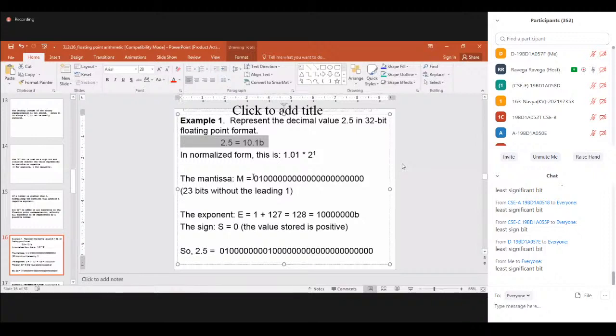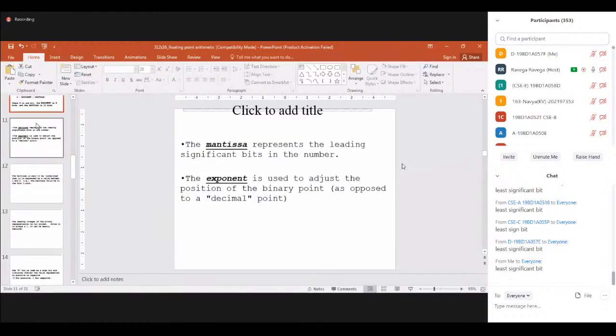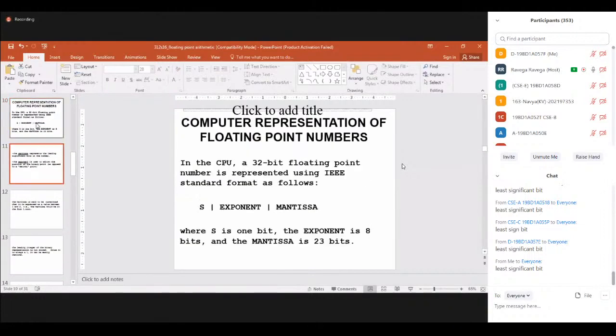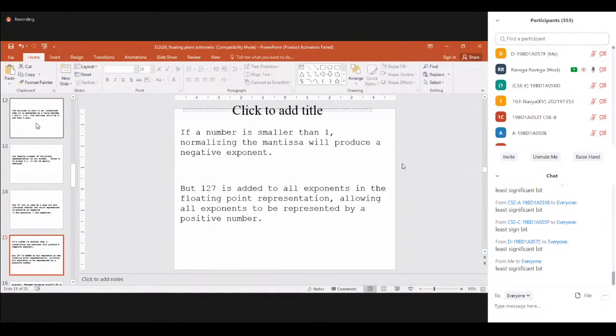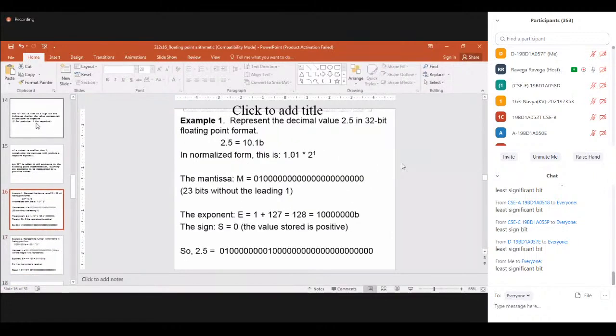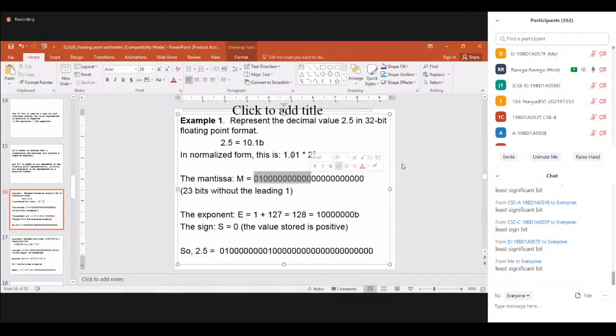So the mantissa M is 0, 1, 0, 0, 0, 0, 0, 0 and so on, because the mantissa is 23 bits, as we have seen previously. So I have represented it here: only 0, 1, and all the other 21 bits are 0.